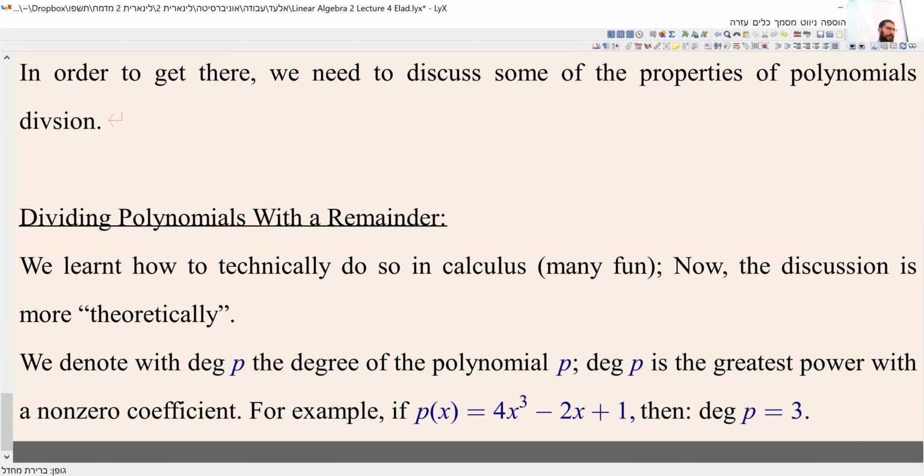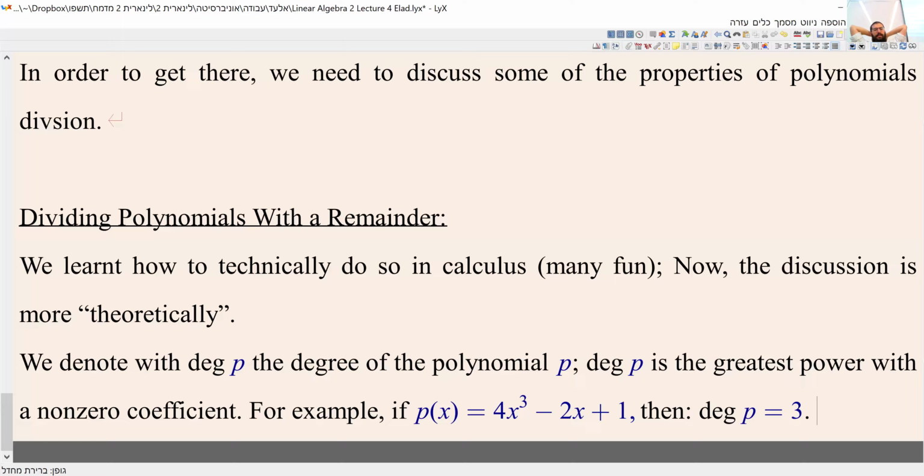If we speak more precisely, it's not the whole power. In Hebrew there is a difference between the power, which is the whole expression, x to the power of 3, and the base and the exponent, the number above.